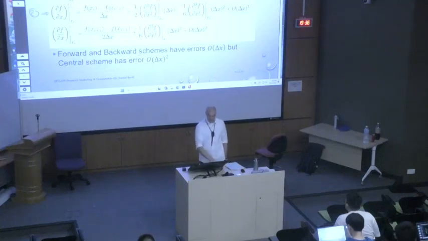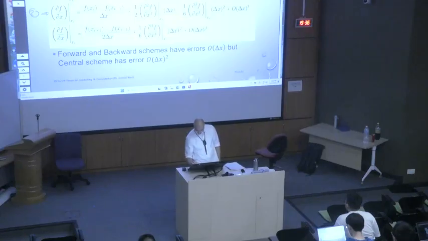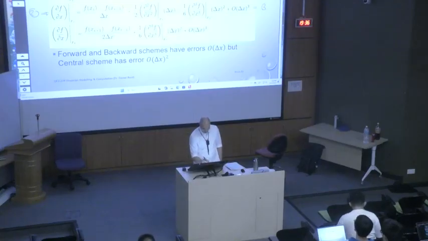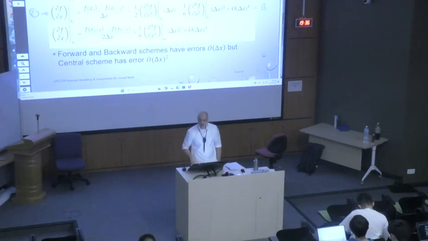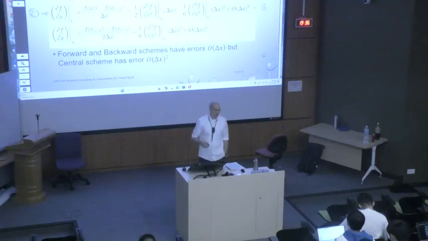Now, what you can do as well, let's call this here A and this here B. We have seen the derivative of f of xi is A, is B. So what I can also do is (A plus B) half.